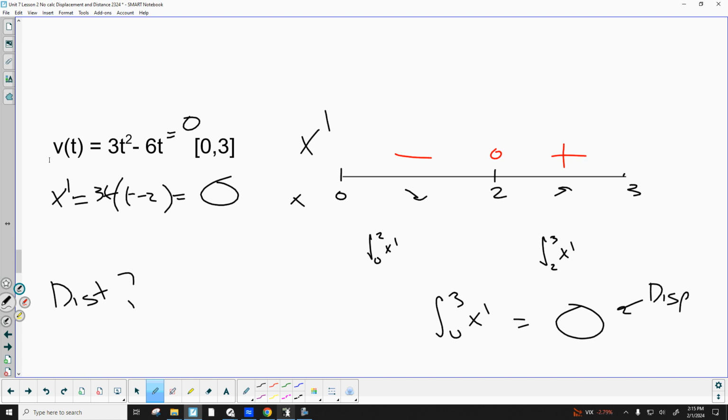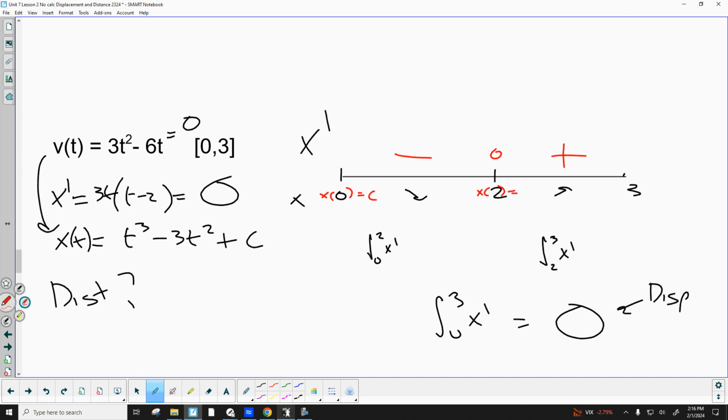Oh yeah, I need my position equation. I need my antiderivative. My antiderivative was t cubed minus 3t squared plus c. I can find my positions even though I don't know what c is, to know my displacements, to then find my distance. So, I plug in 0, I get c.